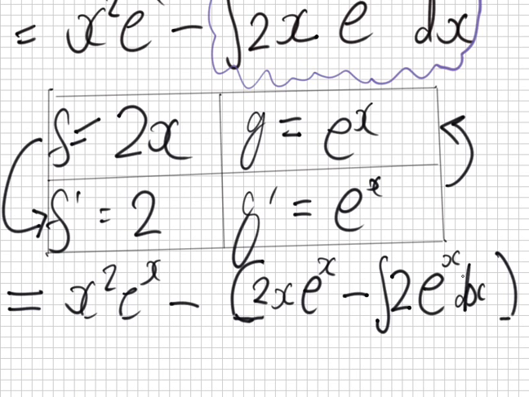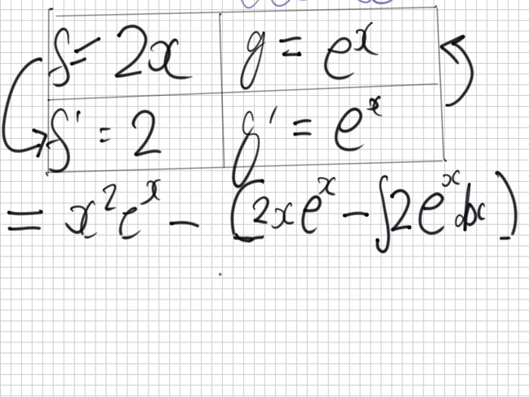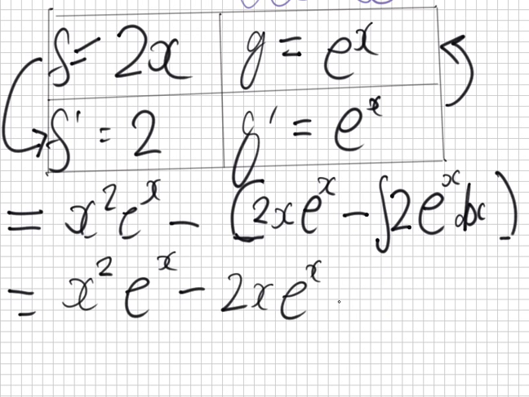Now we're nearly finished, because you can open this. x squared e^x minus 2x e^x plus 2 times the integral of e^x.